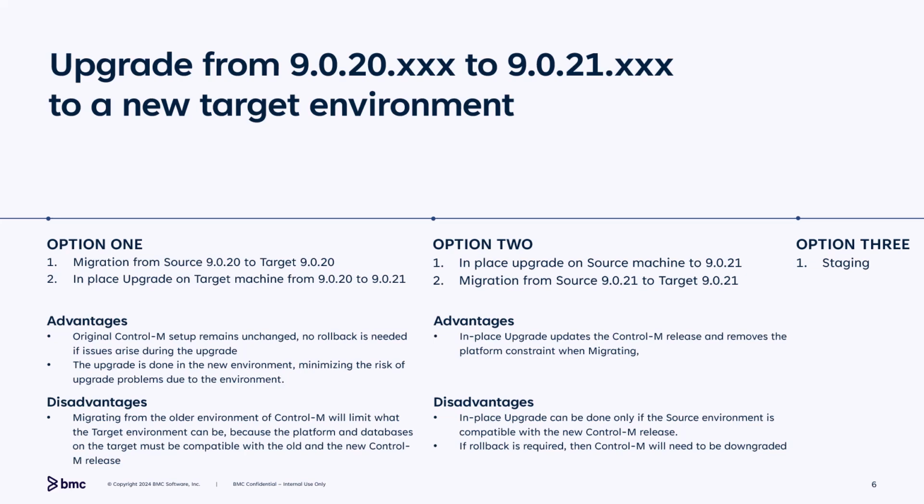The disadvantages of doing migration first is that the old Control-M environment, release 9.0.20, and the new 9.0.21 environment must include support for the same platforms. Let's look at the next slide to clarify this.